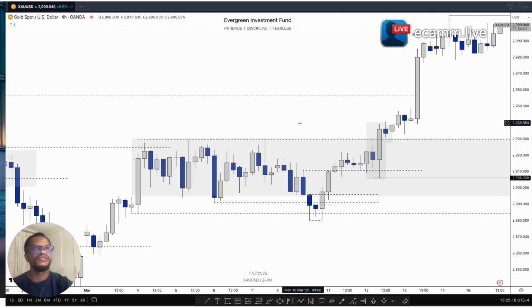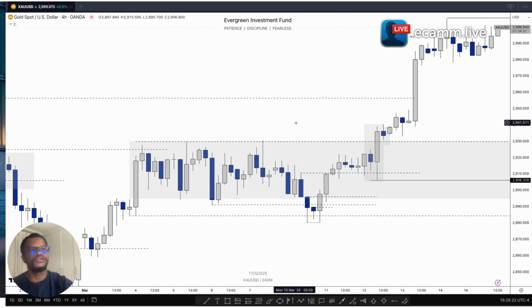Remember, these are banks, hedge funds and all these big financial institutions. They mostly hedge. They don't trade like us retail traders. When they're creating order blocks, they'll sell to buy. So they'll put in a big sell order here. The reason is that they want to collect all the liquidity sitting in these zones.